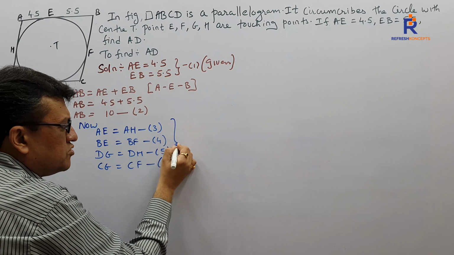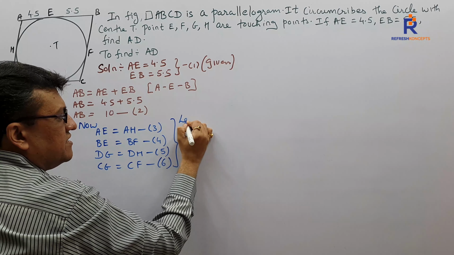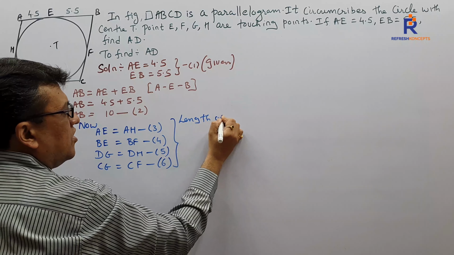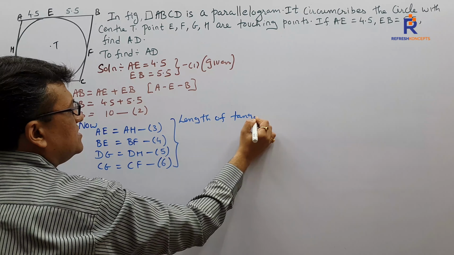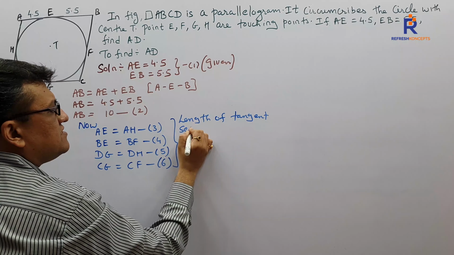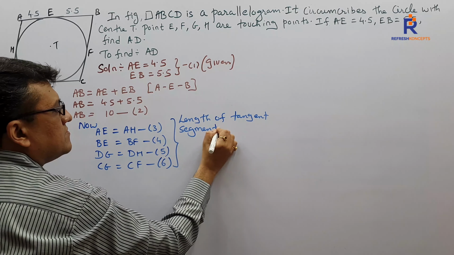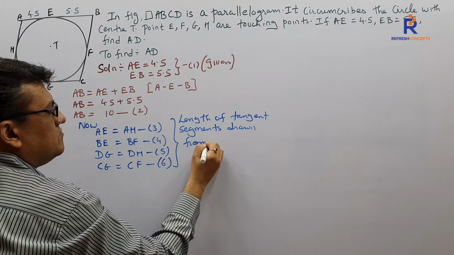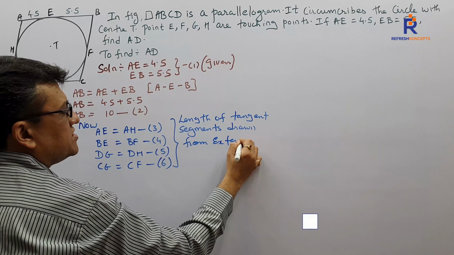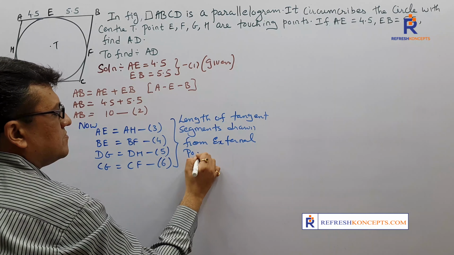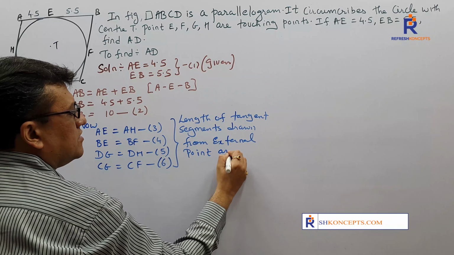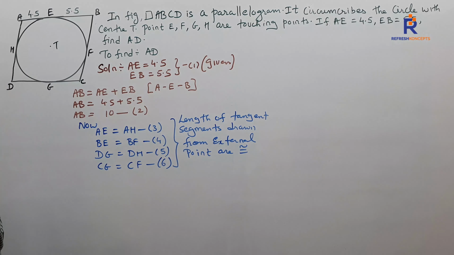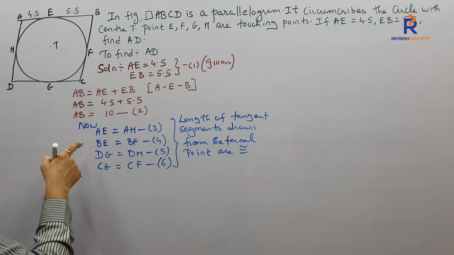Common, mind you, common reason is length of tangent segments drawn from external point are congruent.